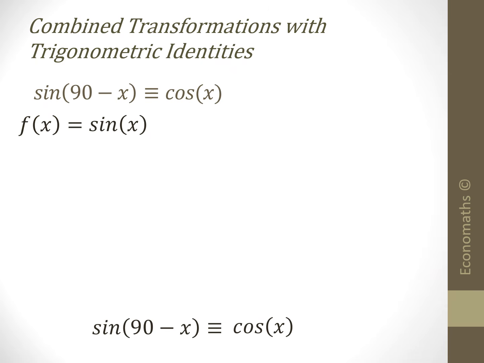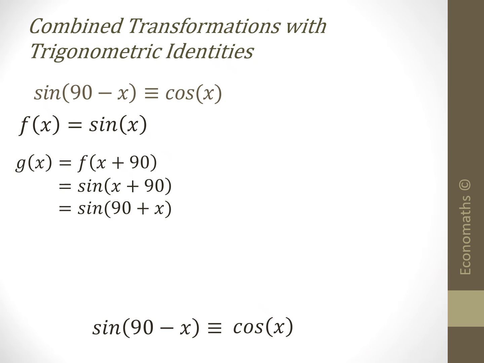Okay, so if we start with f of x is sine x, option number 1 is to first apply f of x plus 90 inside the function, which we know is a shift to the left by 90 degrees. And if the original function f of x is sine of x, this is the same as the sine of x plus 90 inside the function, and that's also the same as the sine of 90 plus x.